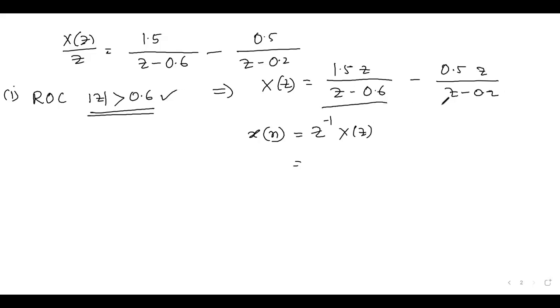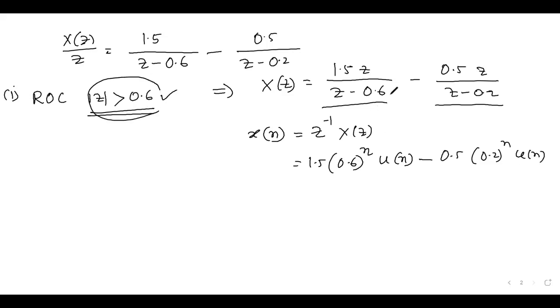So x(n) will be 1.5 into 0.6 to the power n u(n) minus 0.5 into 0.2 to the power n u(n), because z greater than 0.6 means this must be a right hand side signal.